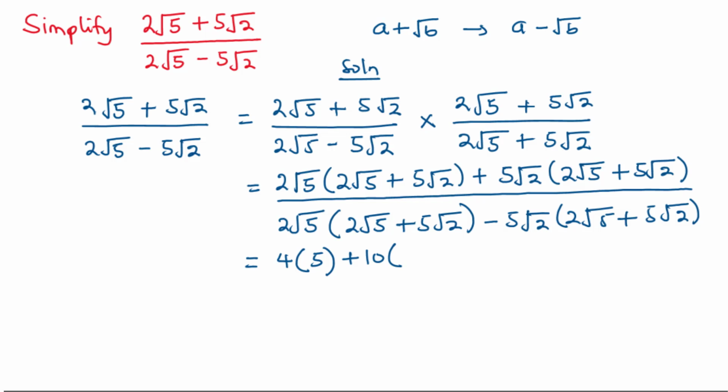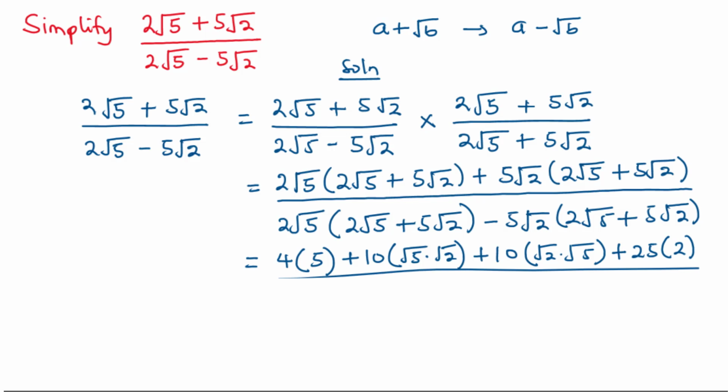And then root 5 times root 2, we have root 5 times root 2. 5 times 2 is 10, times root 2 times root 5. Five times 5 is 25. Root 2 times root 2 is 2. So we have 25 times 2.